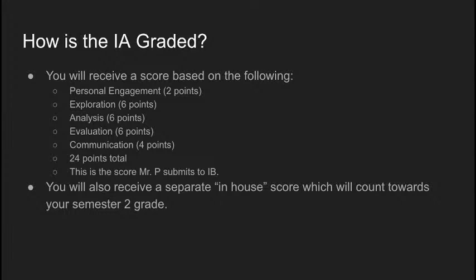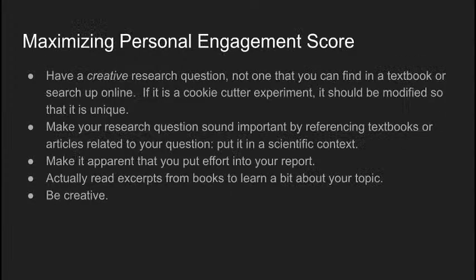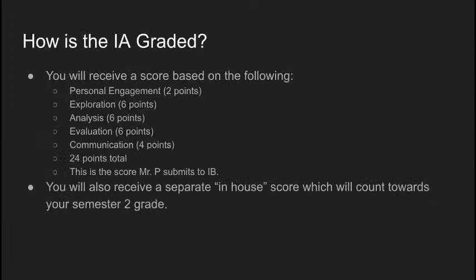I'll probably make the IA worth 100 points. So if you get 50% on your IA, you get 12 out of 24, I might give you 50 out of 100 on your in-house score, something like that. So now I want to talk about how you score points for each of these different sections.